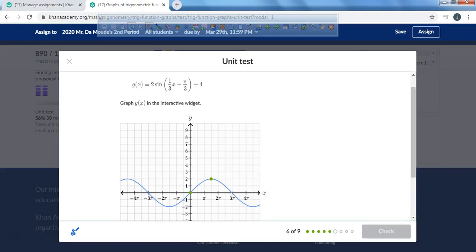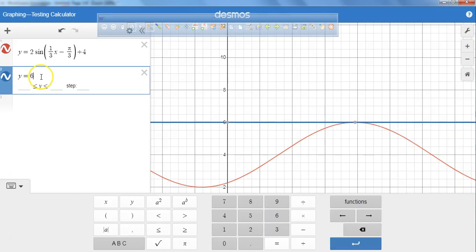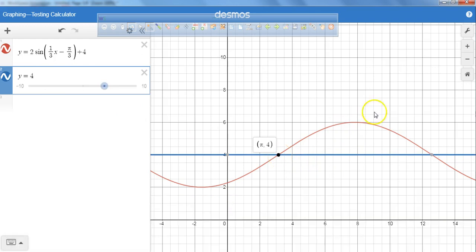Type in the correct midline, which is 4. Alright, now put y equals 4. Alright, looks like we got our graph, so it looks like I can plot right here pi over 4 and 5 pi over 2, 6. So I can plot at pi over 4 and 5 pi over 2, 6.